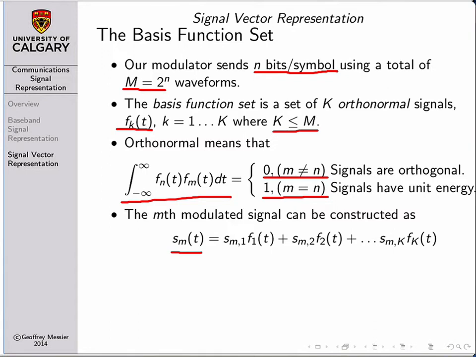And so we add all our basis function signals together, and each basis function signal is multiplied by a unique weight. And these weights are unique to the particular kind of modulation signal that we are trying to generate. So the first modulated signal is going to have a certain set of weights. The second modulated signal will have a different set of weights, and every unique modulated signal is going to have a different set of weights that are used to control how the basis function signals are combined.